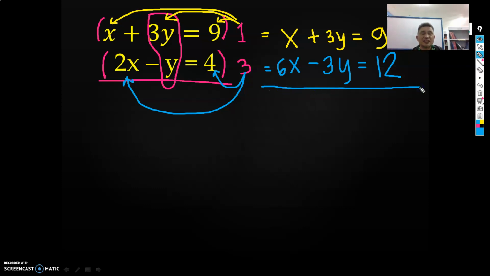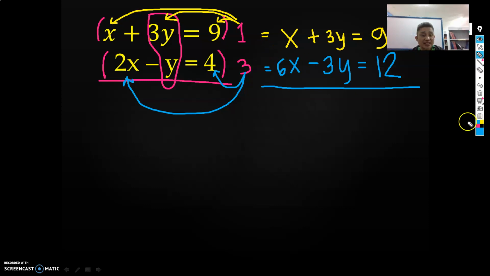Okay, so using this formula, you would notice na nagkaroon tayo ng isang term na parehas ang variable. Since isa siyang positive, isa siyang negative, so this elimination method will fall under case number 1.